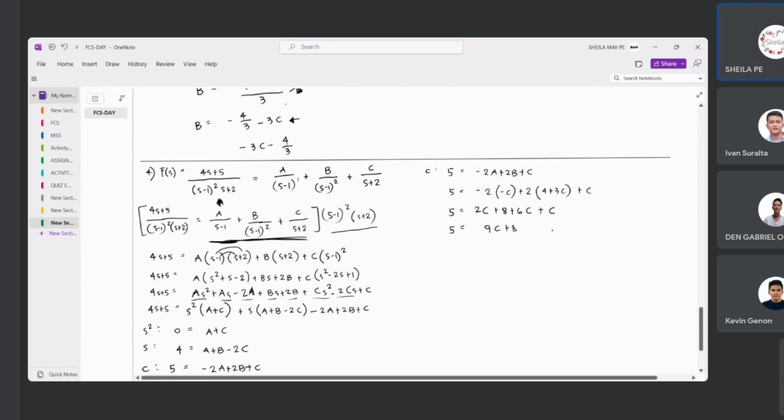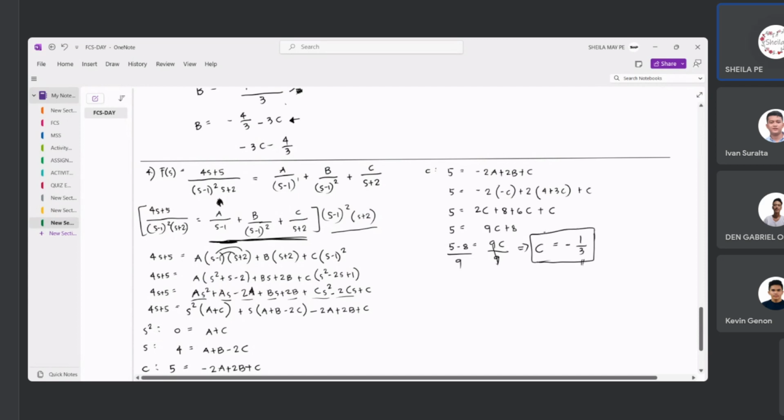Now we need to retain C. So you transpose 8 to the other side of the equation. Divided by 9, 5 minus 8 is negative 3, divided by 9, that's negative 1/3. So we already have our C.